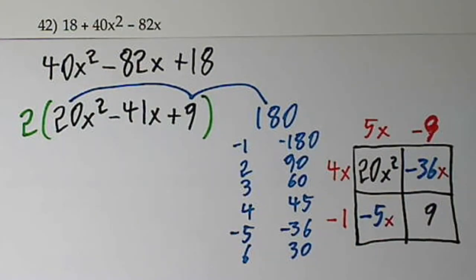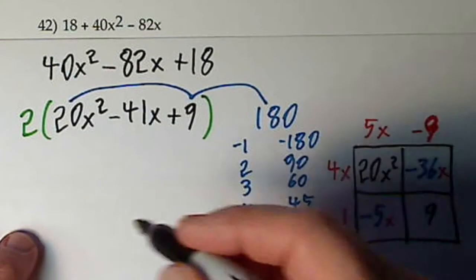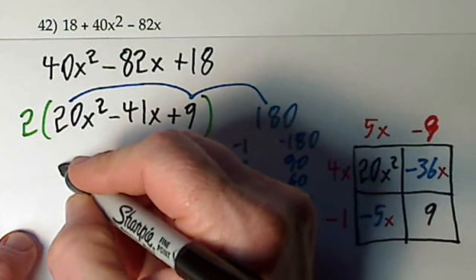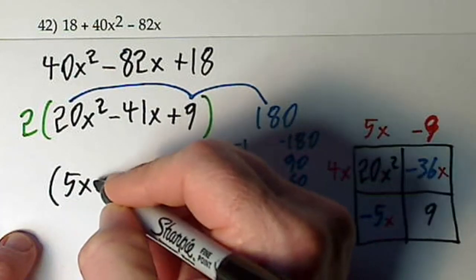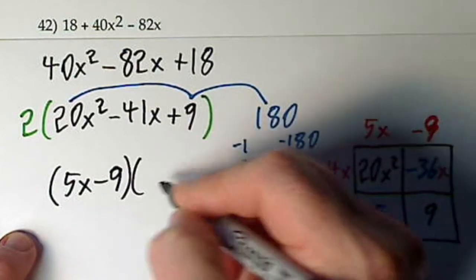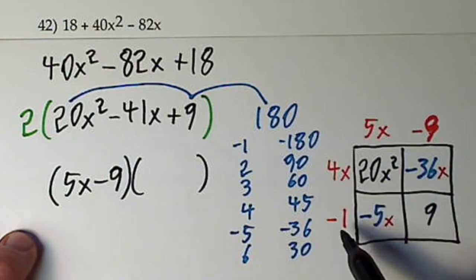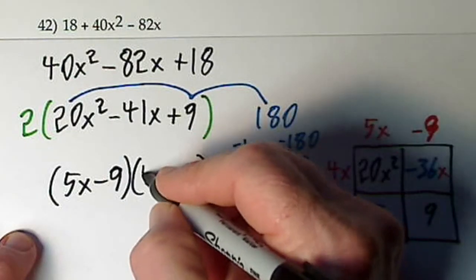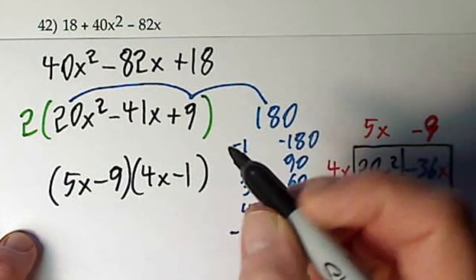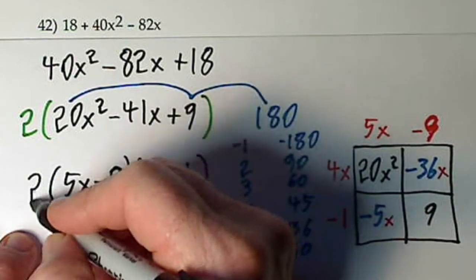Okay? And this gives us our answer. 5x minus 9 is one set of parentheses. 4x minus 1 is the other set. You have to remember to bring down the 2.